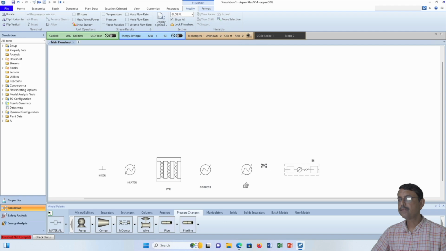This one is cooler 2. This is multi-stage compressor. Okay. Now let us connect the flows.